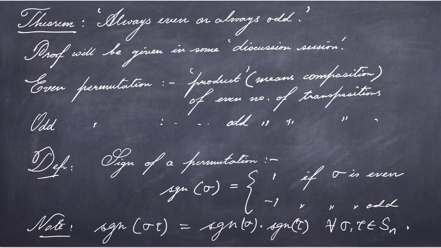Let me give you some examples. An example of an even permutation is (1 2 3 4) in S4... and an odd permutation, the simplest example is a transposition. Another example of an even permutation is the identity, because it can be written as, let's say, (1 2) times (1 2).